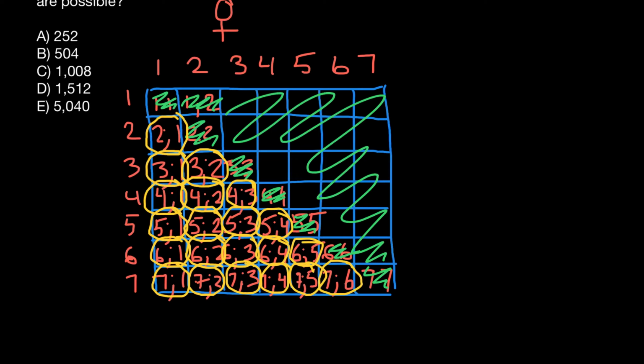That is how we can choose 2 girls out of 7 girls. So 21 unique combinations. Now let's return to our problem.